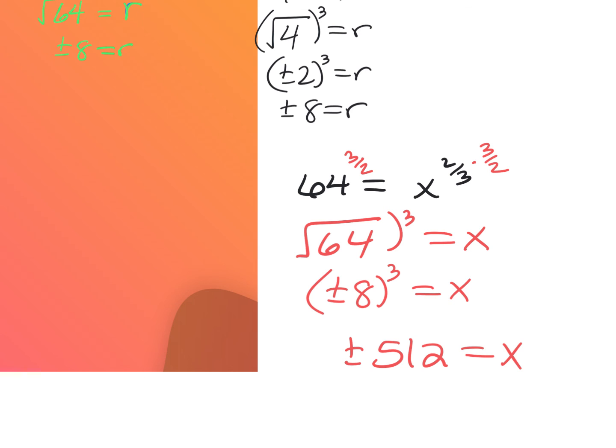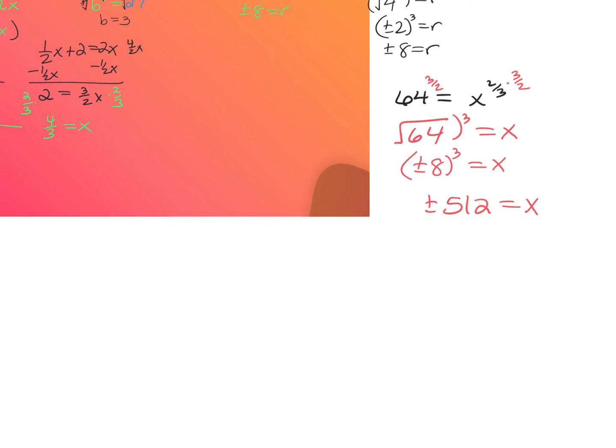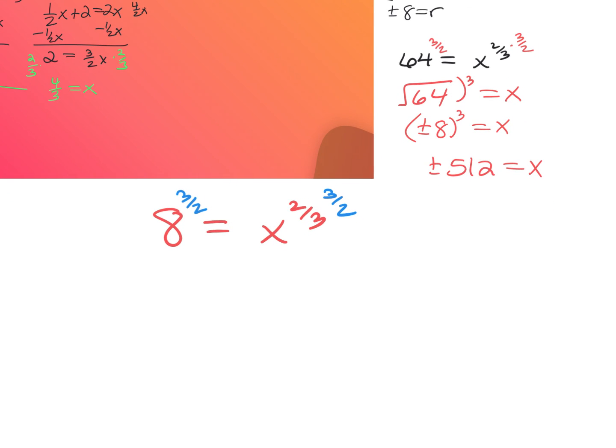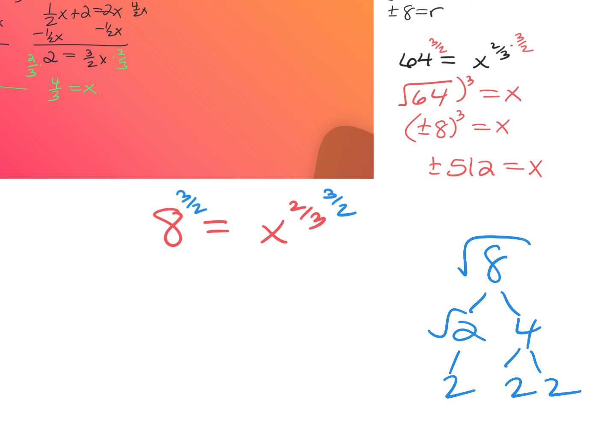Let's say we had something that wasn't a perfect square. I know these aren't in the notes, but I just want to add one more. Let's say it was 8 raised to the, or this. So again, the other two were perfect squares. So in this case, again, I'm still multiplying it or raising it to the reciprocal power. So here, if I were to do the square root first, the square root of 8 becomes 2 times 4, and then 2 and 2.